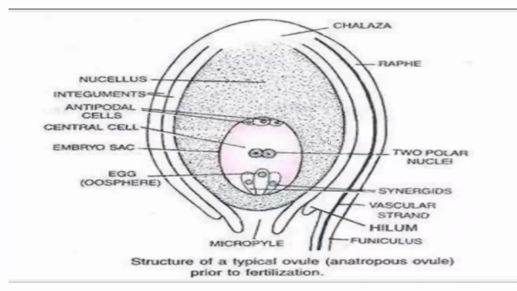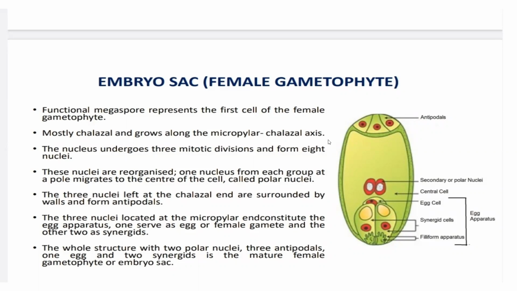One nucleus from each group at a pole migrates to the center of the cell, called the polar nuclei. In simple way, the first cell undergoes one mitotic division and 2 are formed. One goes to the micropyle side and one goes to the chalazal side.